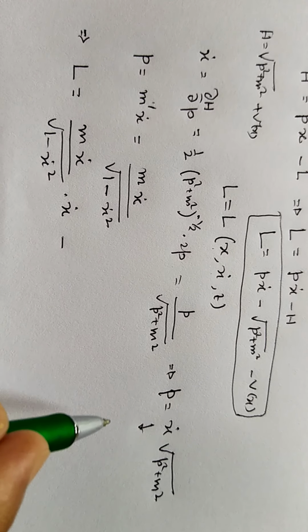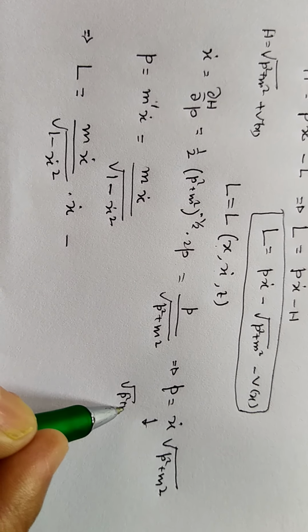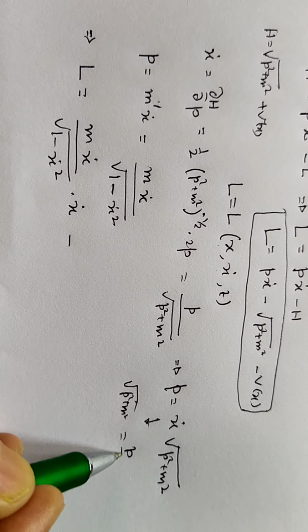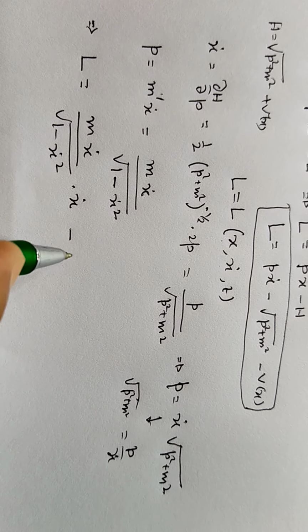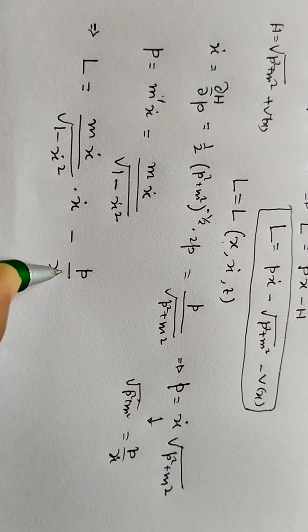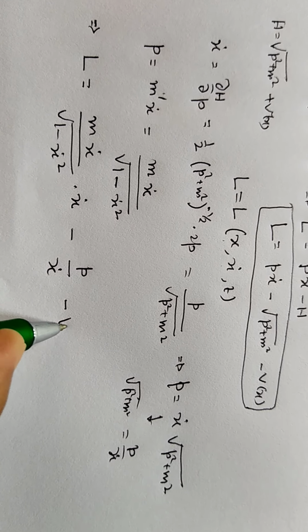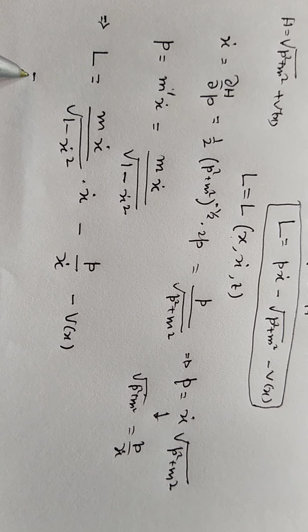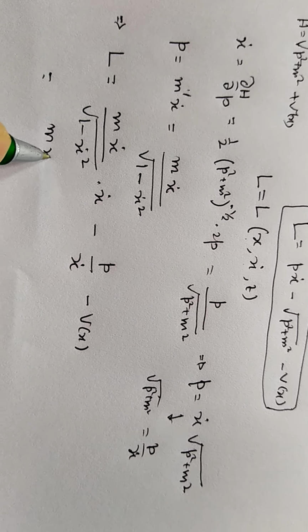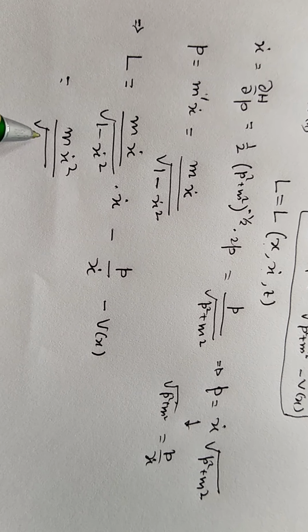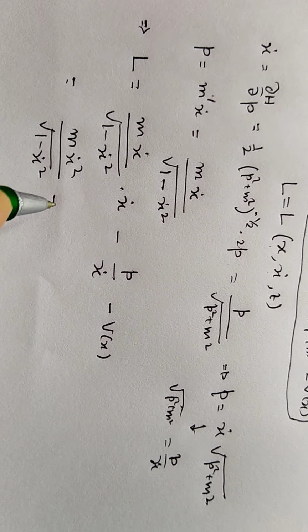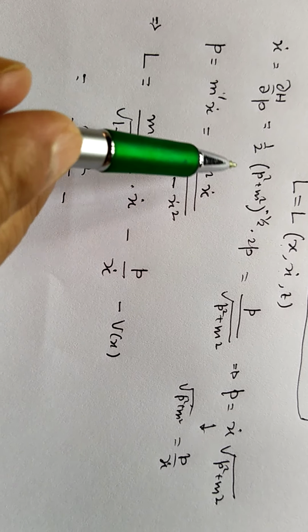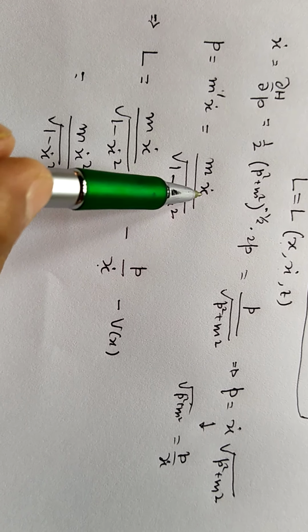From this relation, square root of p square plus m square equals p by x dot, and that is equals p by x dot minus V of x, and that's equals m x dot square by square root of 1 minus x dot square minus p. What is p? It is this, and therefore x dot and x dot cancel.